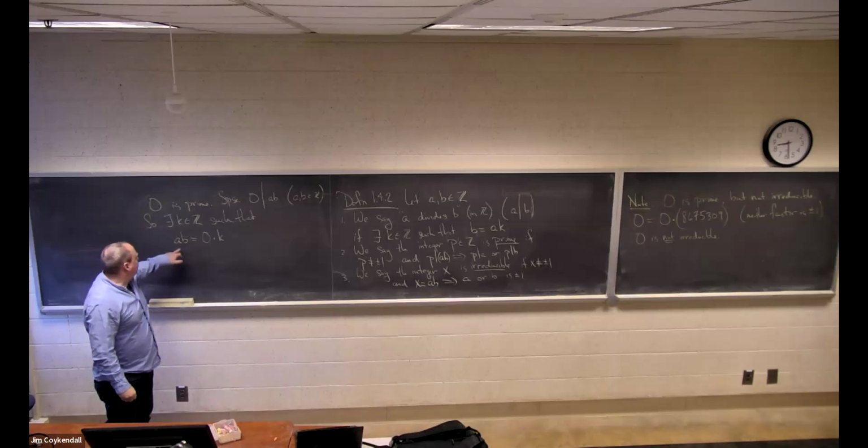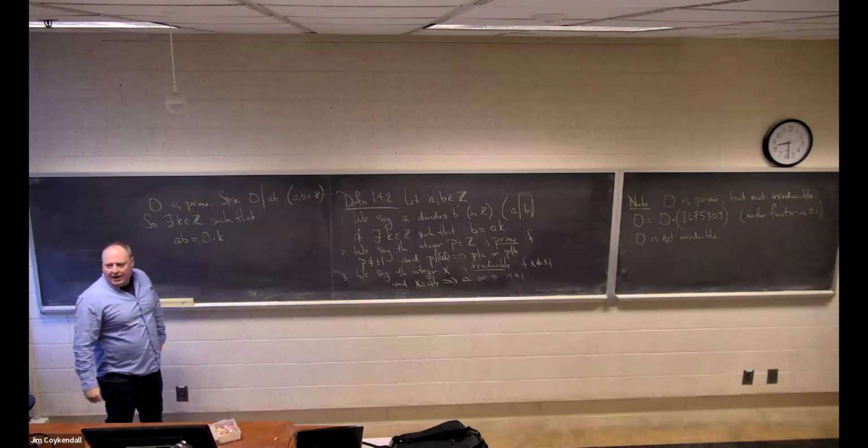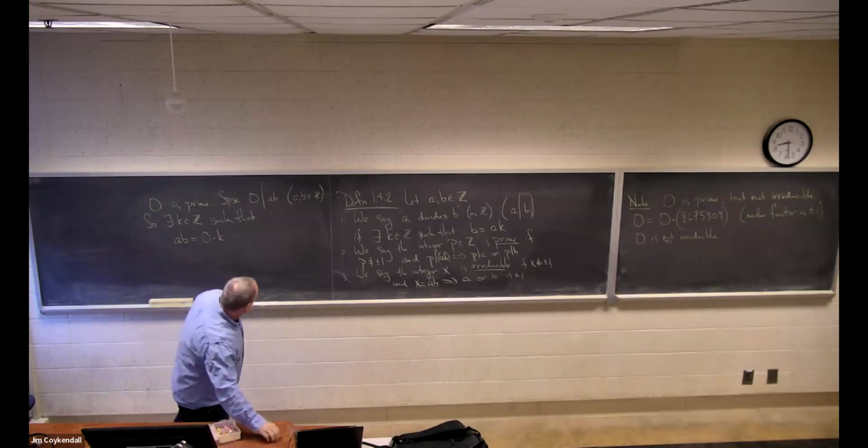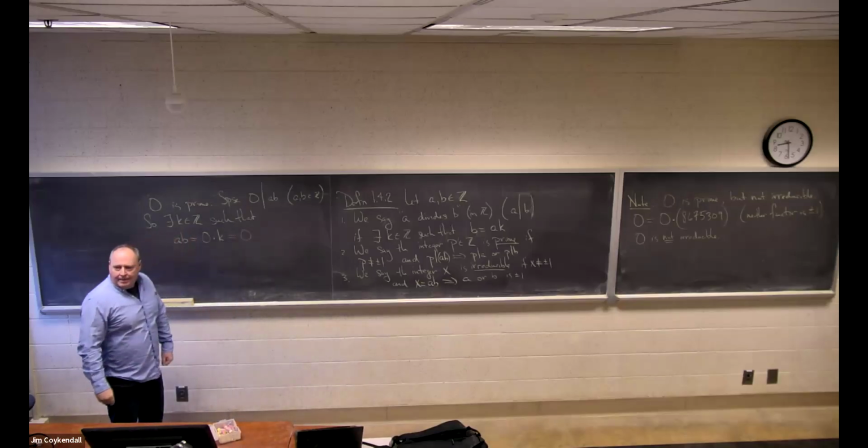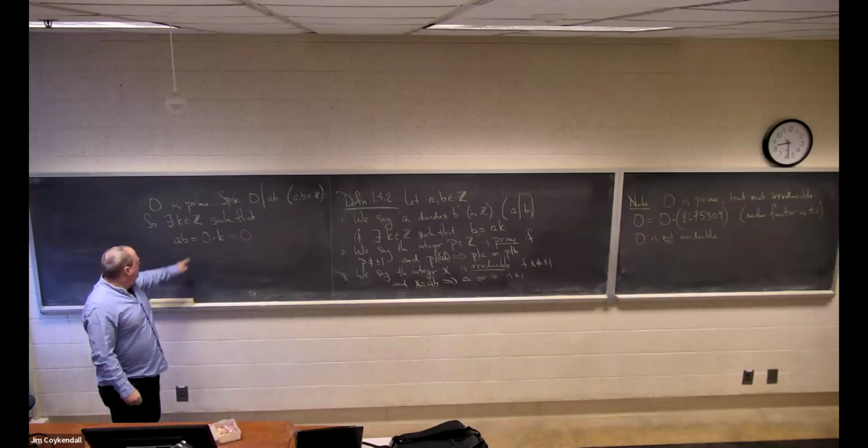That's what it means for 0 to divide AB. What's 0 times K? I don't care what K is, this is 0, right? Now, what do you know about products of 2 integers being 0?